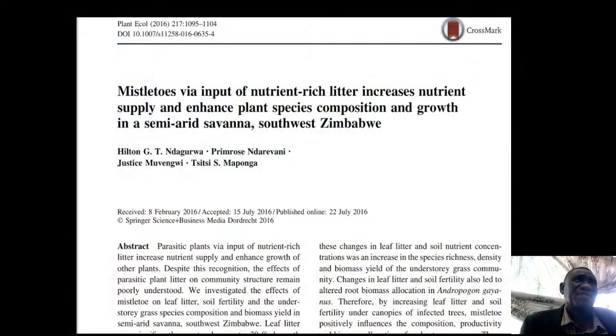So this is the shoot parasite. If you want to know more about the mistletoe, a shoot parasite, you may read this paper written by Zimbabwean scientists.